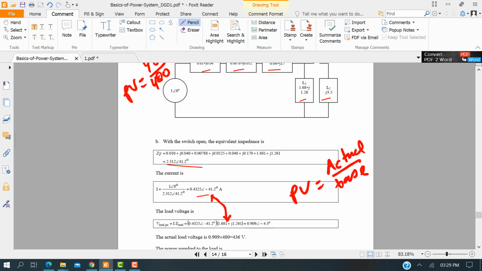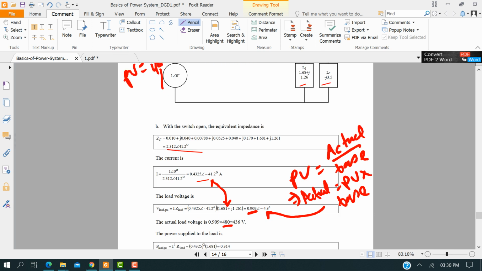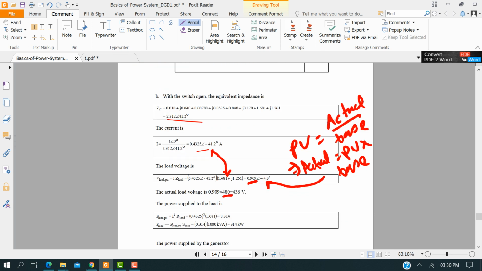The base value is 480, and the per unit value is 0.494. So actual equals per unit multiplied by base.